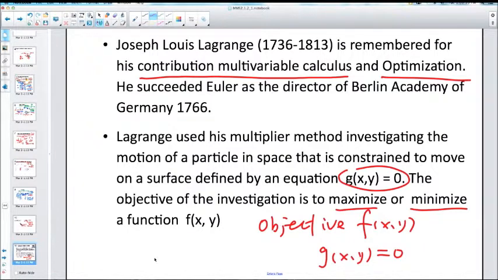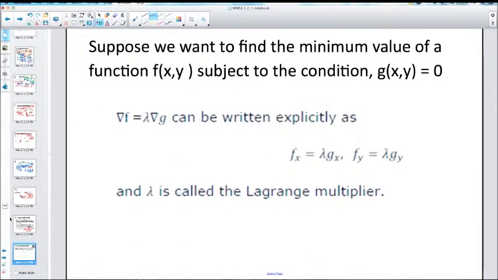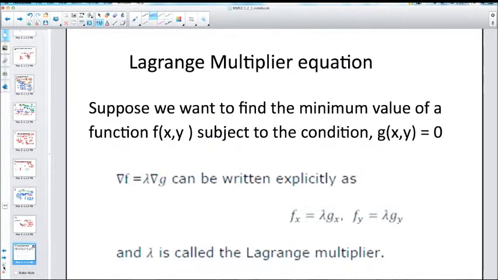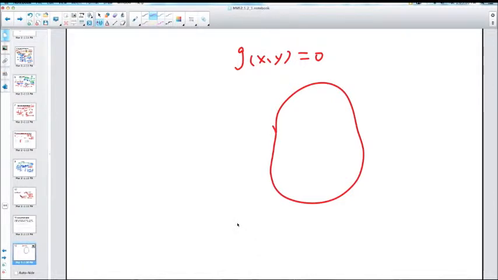Let me do an illustration in 2D. In 2D, a constraint is nothing more than a curve, and then along the curve, you figure out f(x, y).